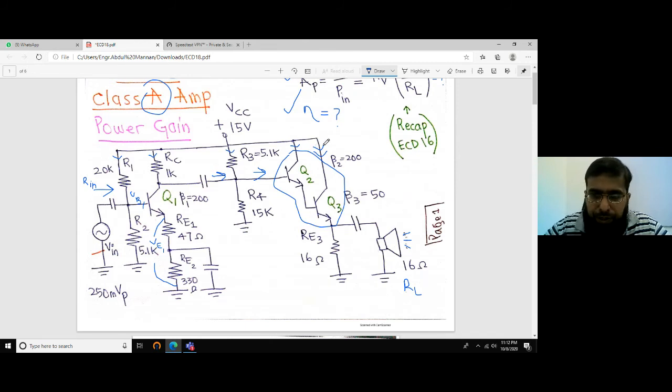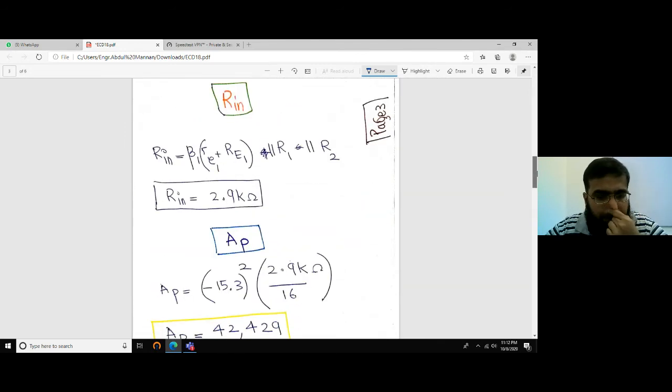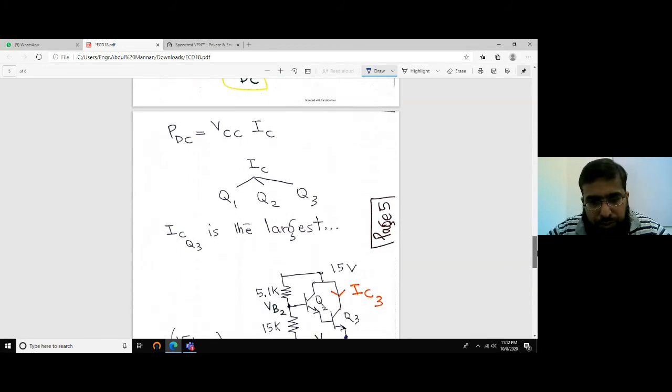So in comparison with this IC, all the other 4 currents are negligible. So we'll concentrate only on this current, the load current, IC of the final stage. That is, ICQ3 is the largest.